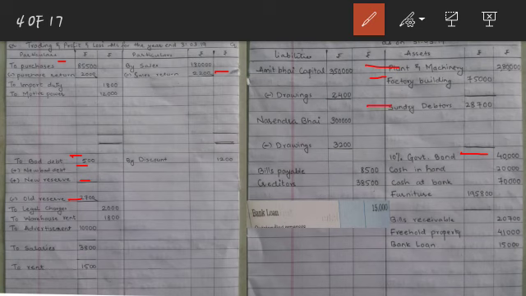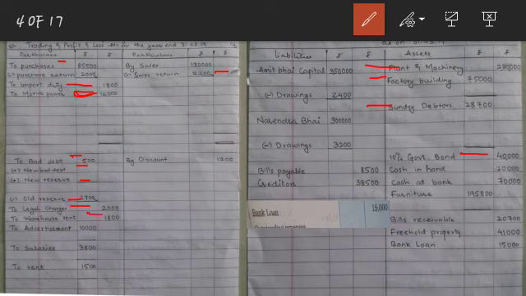After it, import duty to the debit of trading account. After import duty, legal charges is transferred to profit and loss account debit side. Motive power here to the debit of trading account. Warehouse rent is transferred to debit side of profit and loss account.